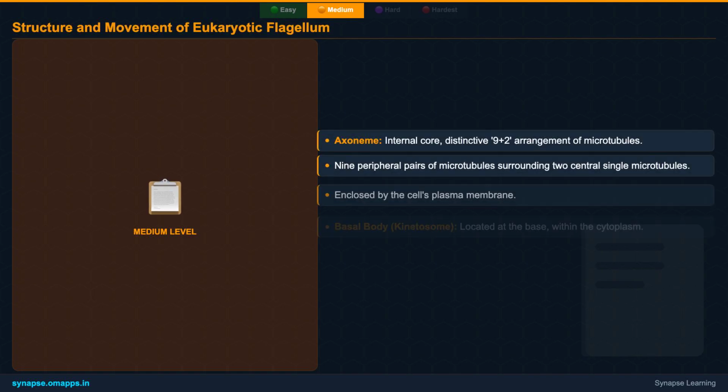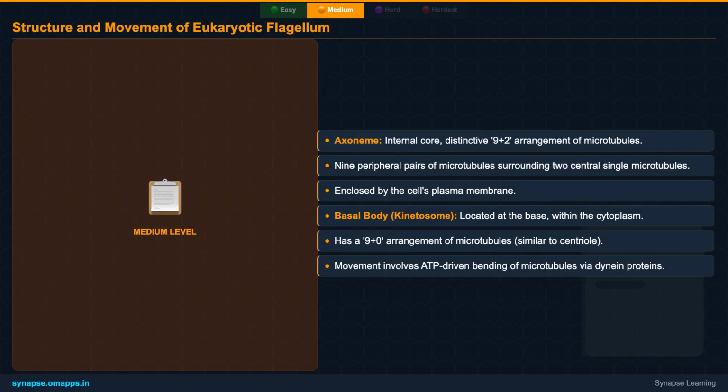Eukaryotic flagella, found in organisms like protists and human sperm, are significantly more complex. Their internal core, called the axoneme, has a very specific and highly organized arrangement of microtubules, known as the 9+2 pattern. This means 9 pairs of microtubules form a ring around 2 central, single microtubules.